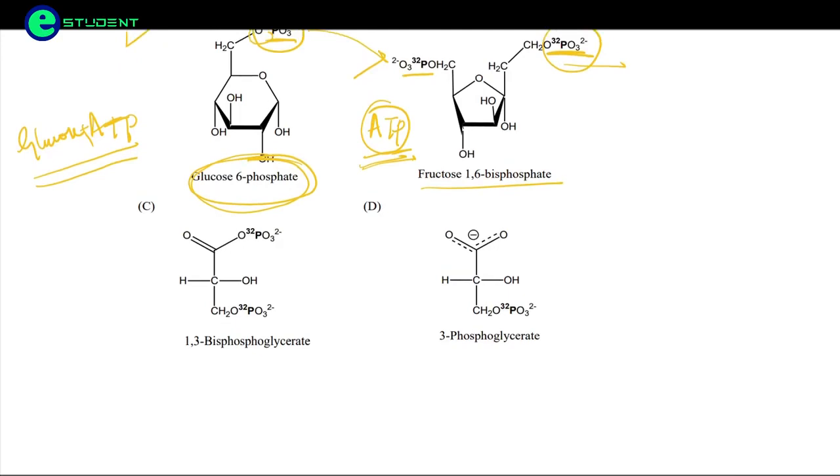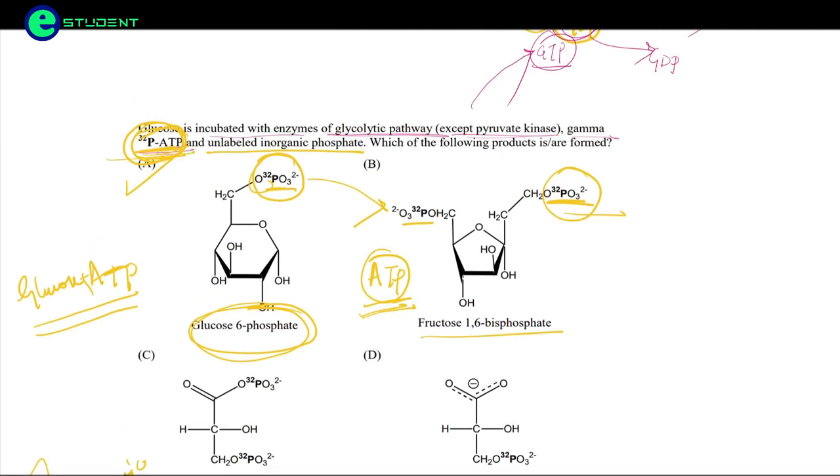Coming to the third option, 1,3-bisphosphoglycerate. In this step, one phosphate group is given by the inorganic phosphate. So in this step, the phosphate will not be labeled by the ATP, but by the inorganic phosphate.